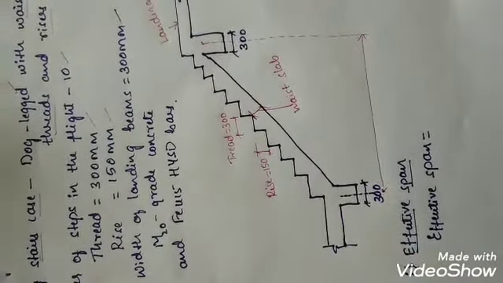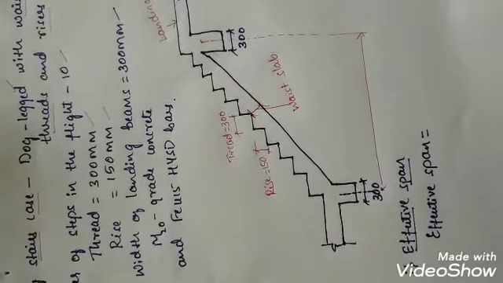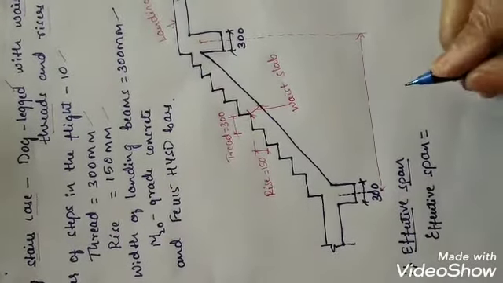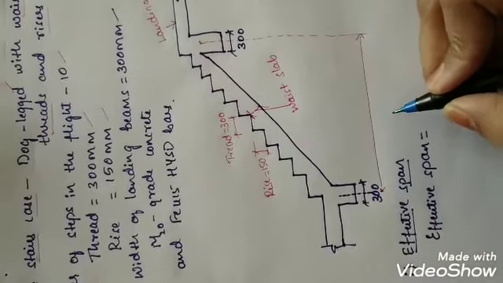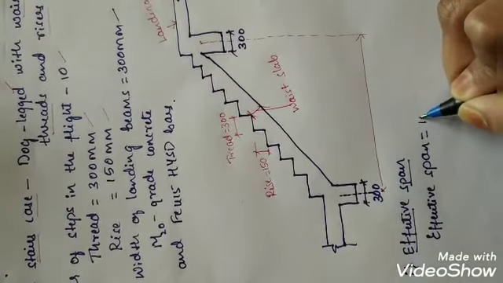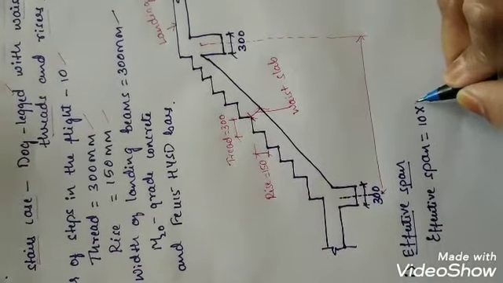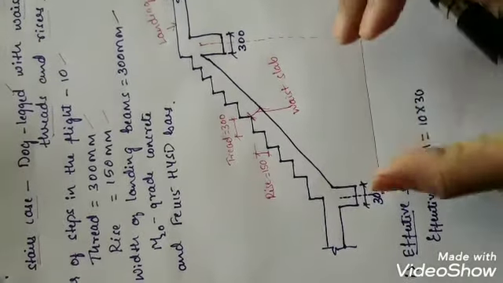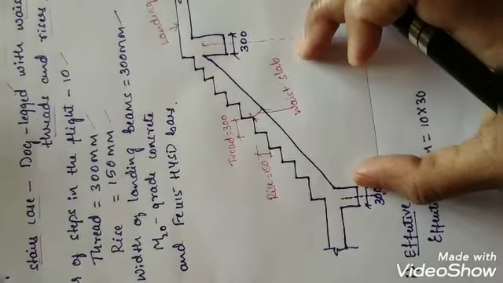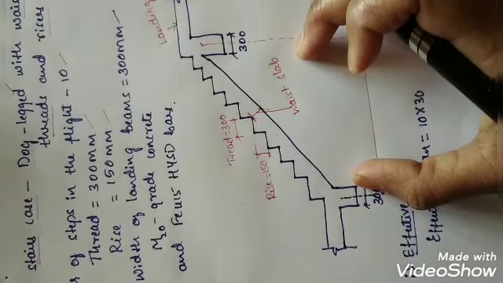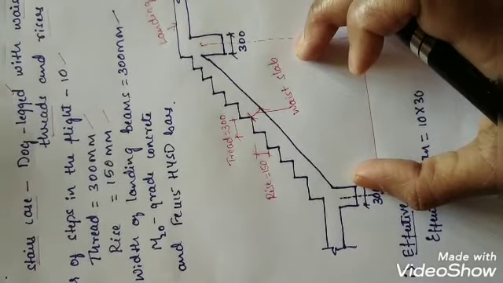See that diagram, and I need to calculate the effective span. So for that I will write using this diagram. Initially we have 10 steps. For those 10 steps we take a tread distance of 300. So you get the distance between the supports, which is the clear span, as 10 into 300.